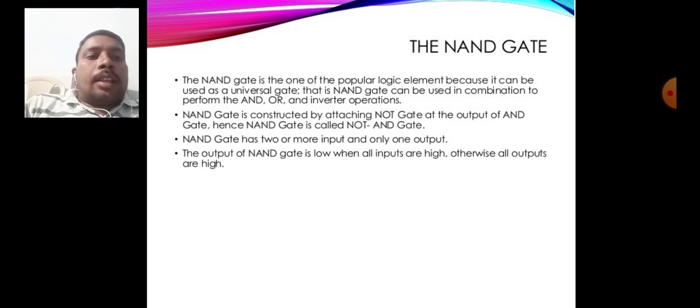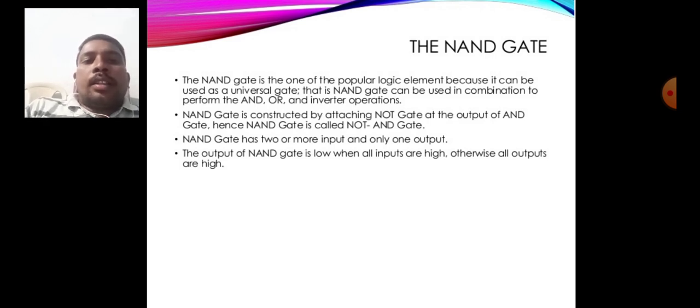The NAND gate can be used in combination to perform the AND and OR functions. So the NAND gate is a combination of AND and OR gates. So what are universal gates? The NAND gate is a universal gate, and it performs an inverted operation.